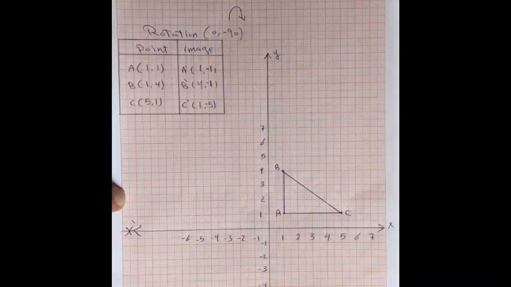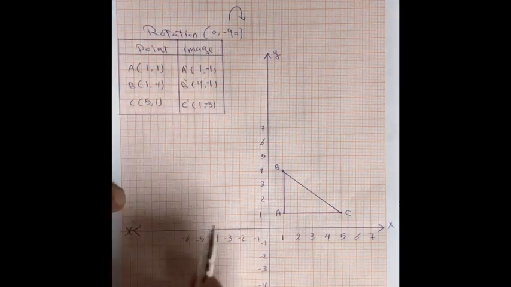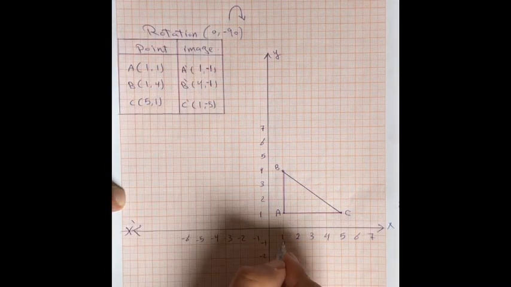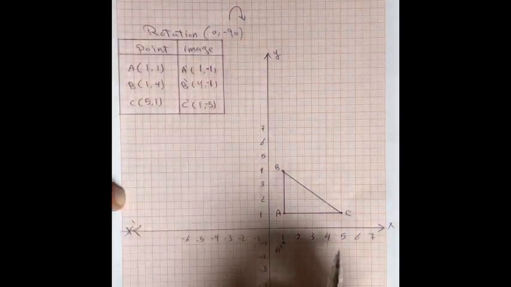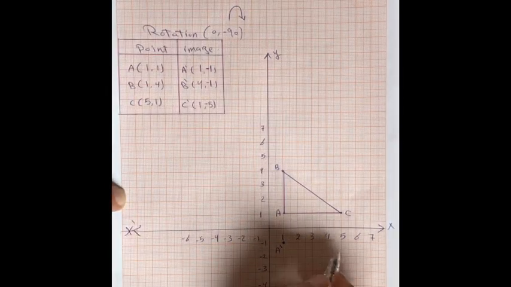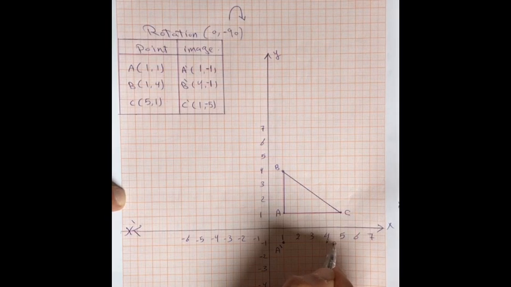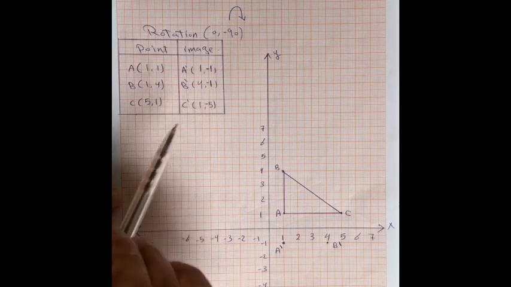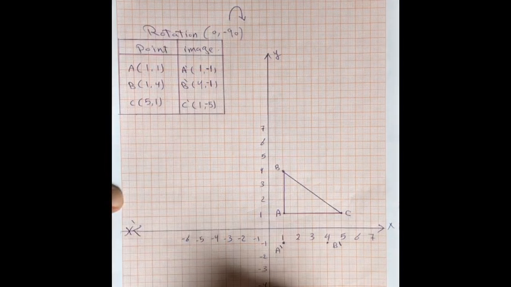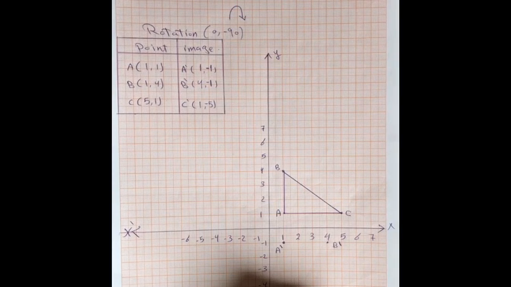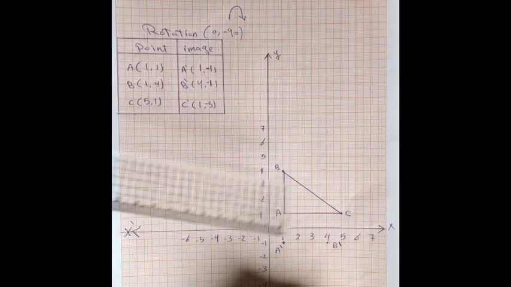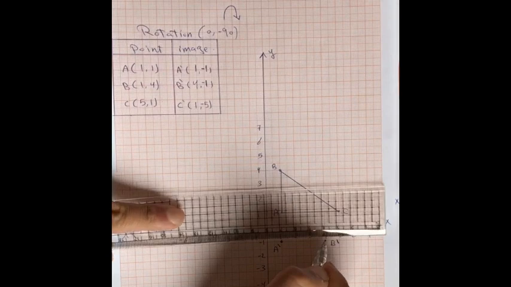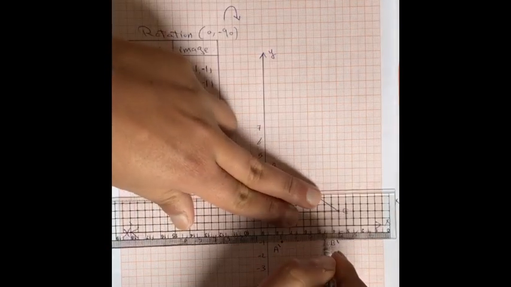So the image is A dashed (1, -1), B dashed (4, -1), and the last one, (1, -5), is C dashed. So the image of triangle ABC is A dashed, B dashed, C dashed.